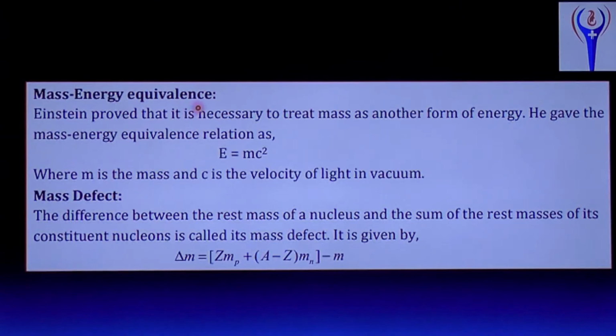Mass energy equivalence. Yesterday itself I quoted this formula, E equal to mc square. Einstein got the Nobel Prize not for this equation, but for the photoelectric equation, that is, the energy h nu equal to kinetic energy of the particle plus work function.